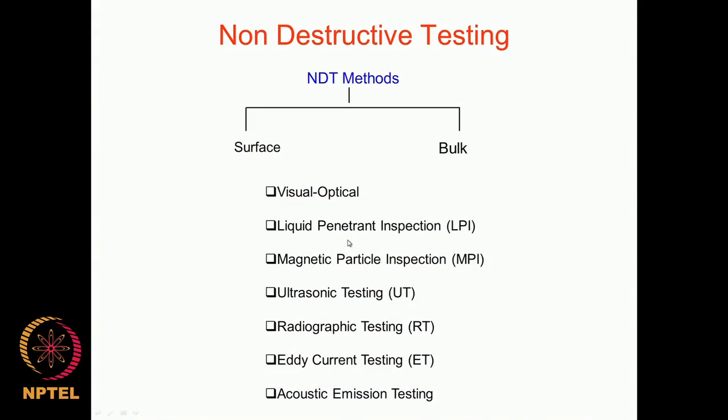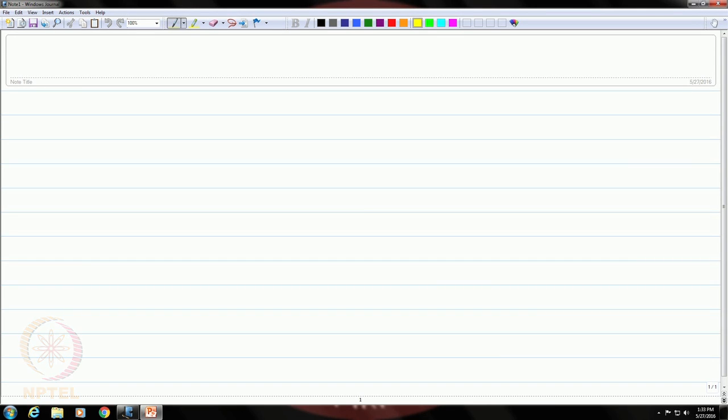Okay. So, we will pick one by one and then we will discuss in more detail. In today's lecture we are going to pick up the first topic in this list, which is liquid penetrant testing. Okay. So, this will be our first lecture as far as the NDT methods are concerned.